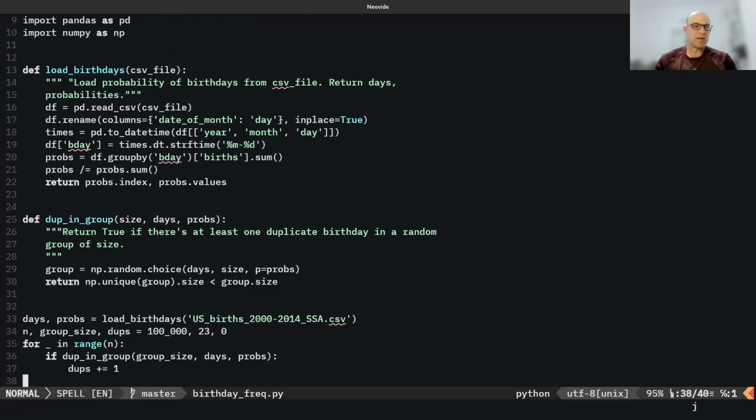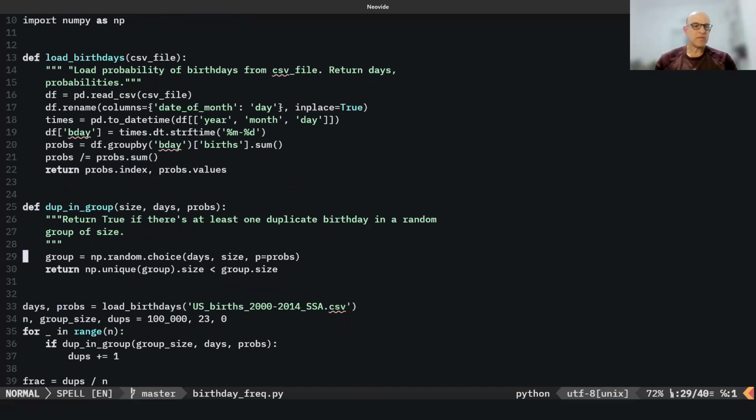So once I have that, I can do something else. I'm going to use now NumPy. NumPy has a random choice. Basically, choice says pick things from a group. And if you don't say anything, it's going to give an equal probability to everything.